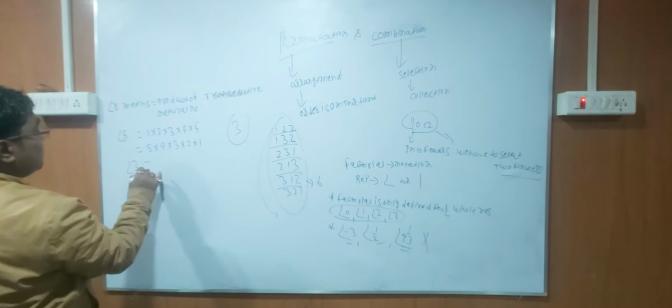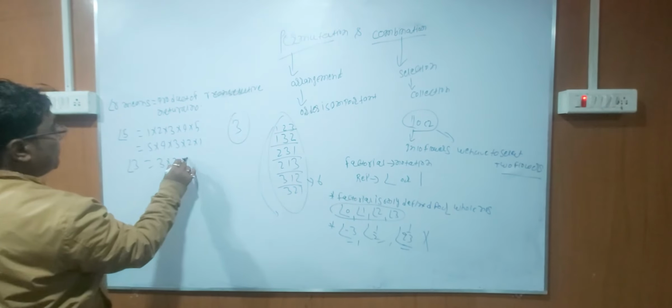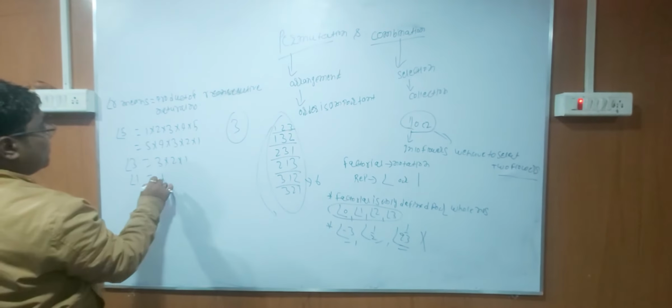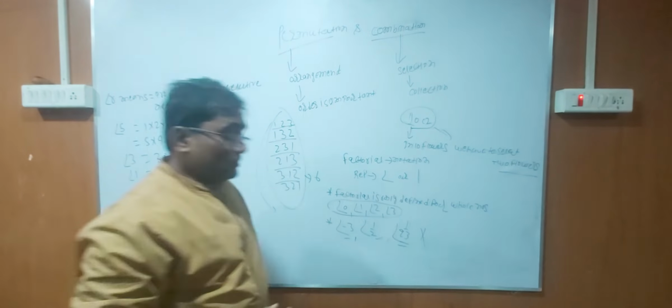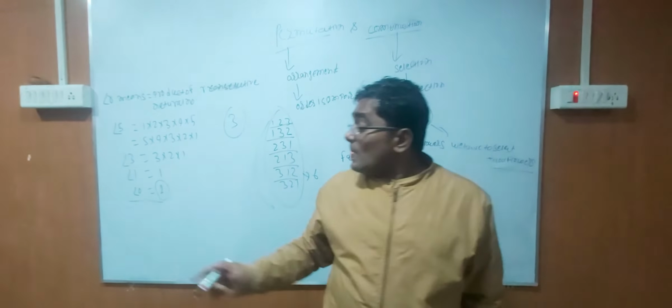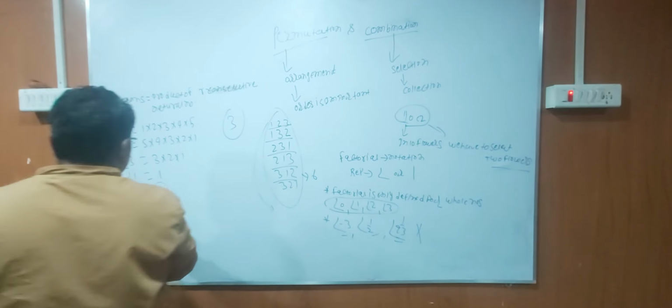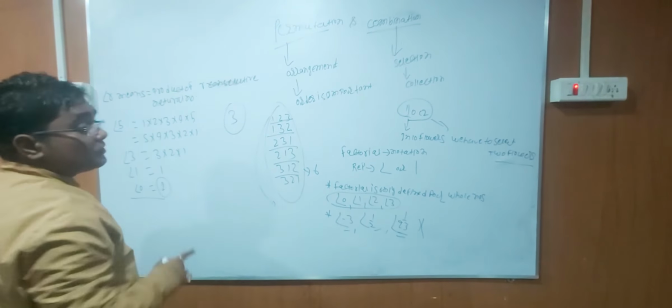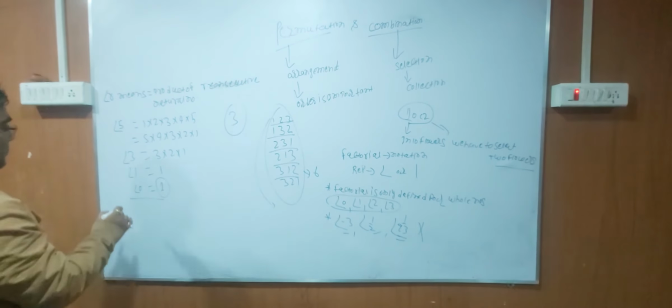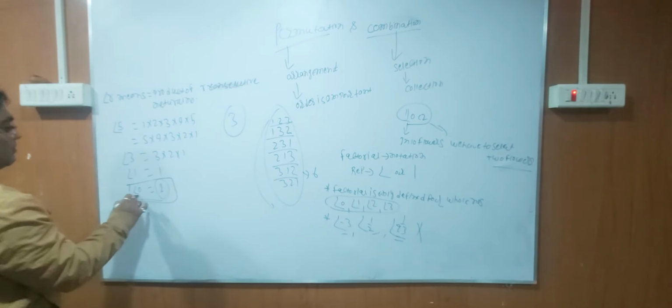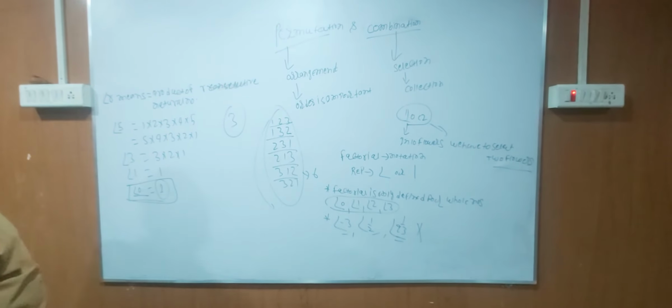Factorial 3 is 3 into 2 into 1. Factorial 1. Factorial 0 is 1. How is this possible? You will understand how factorial 0 is 1 in the functions chapter. For now, just remember that factorial 0 equals 1.